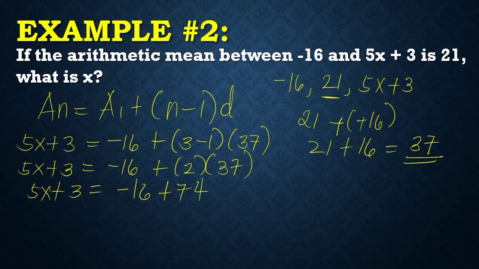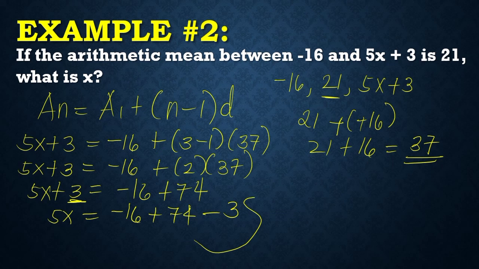Now, kailangan matanggal yung 3 dito sa left side, dalhin sa right side, magsusubtract tayo ng 3 to both sides. So, magiging ganito na lang. 5x is equal to negative 16 plus 74 minus 3. So, dito lang natin isulat. 5x is equal to negative 16 plus 74, that is positive 58 minus 3.